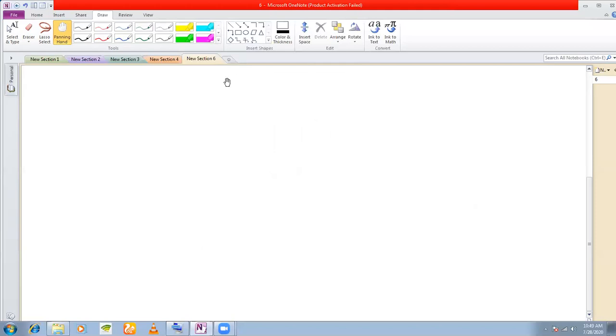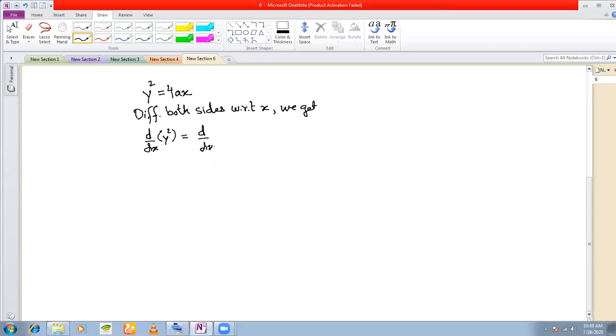Next one, find dy dx where y square is equal to 4ax. That is the question. So we write, differentiating both sides with respect to x, we get d dx of y square is equal to d dx of 4ax.